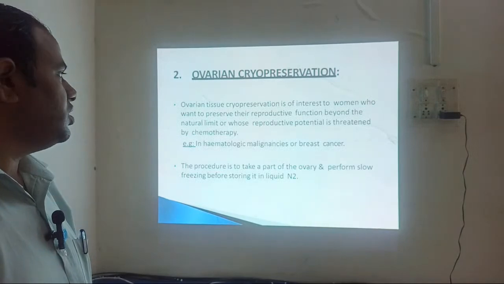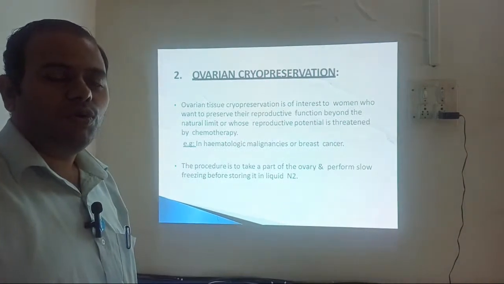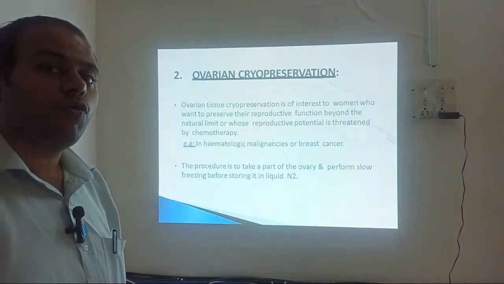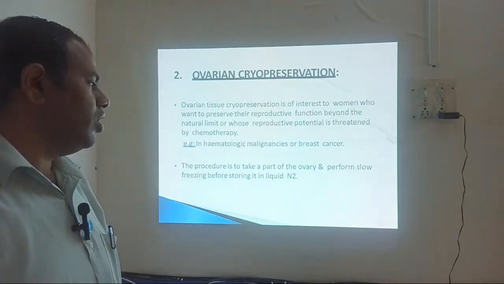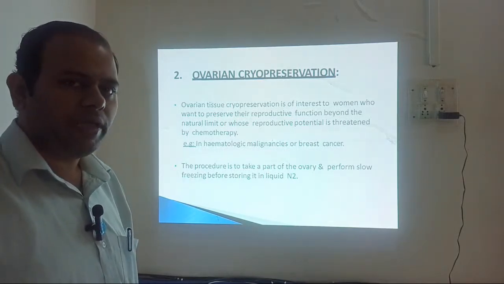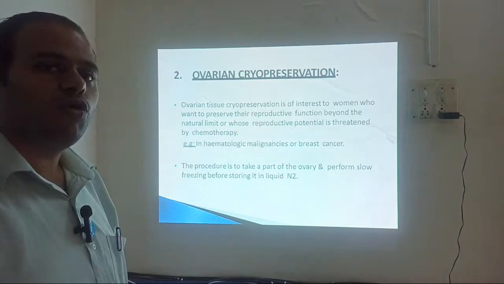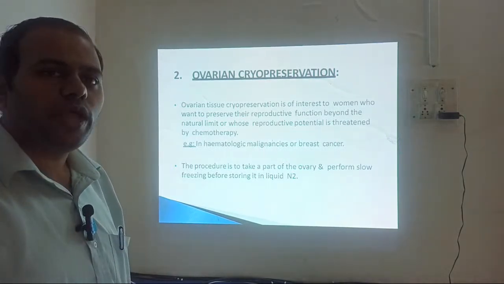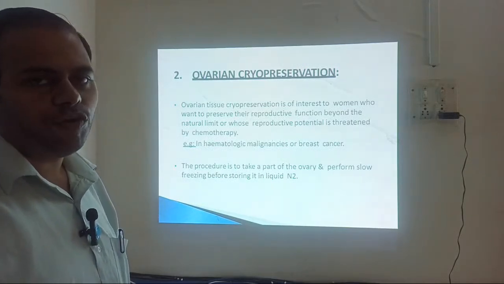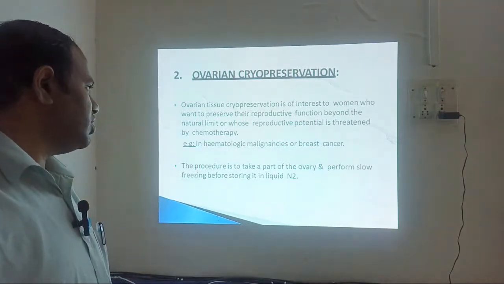Sometimes the reproductive potential of women who have cancer is threatened, so women can go for cryopreservation of their ovarian tissue, so that in future, if she or the couple wants a baby after getting cured from cancer, she can even go for surrogacy, in which her ovarian tissue can give rise to a fertilized, viable ovum, and such ovum can be in vitro fertilized, and then by surrogacy such couples can have children. So ovarian preservation is very important here.